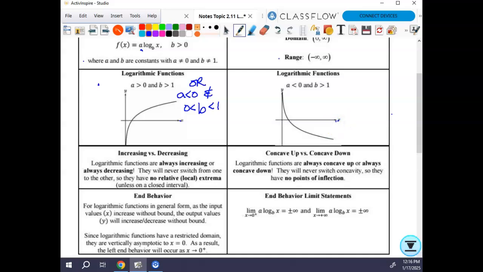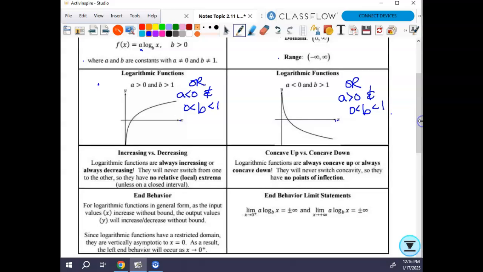Totally works. Or a is greater than 0, a is positive, and b is between 0 and 1, meaning I have a fractional base there. We'll look at some examples with those, but I do want you to have it in the generic variable sense. Okay, we're good?